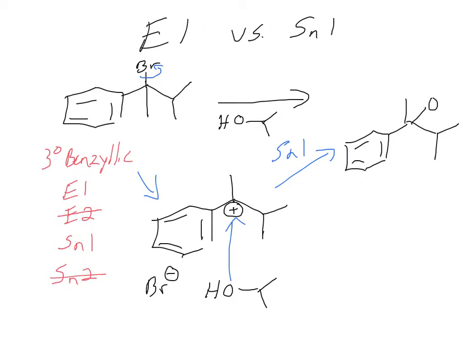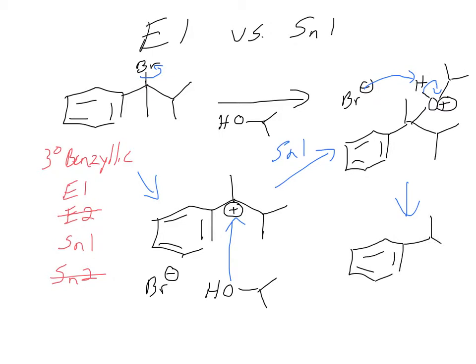But now we have this H plus charge here, and Br minus would take that. Then our final product, looping back around here, would be this ether. Then we'd have made HBr, and of course another solvent could have grabbed this proton too, but HBr is a strong acid, so it's going to dissociate. So there's the SN1 product.